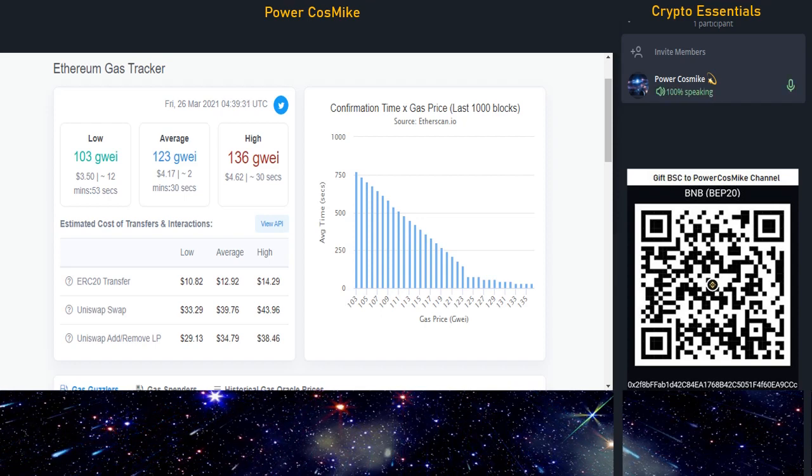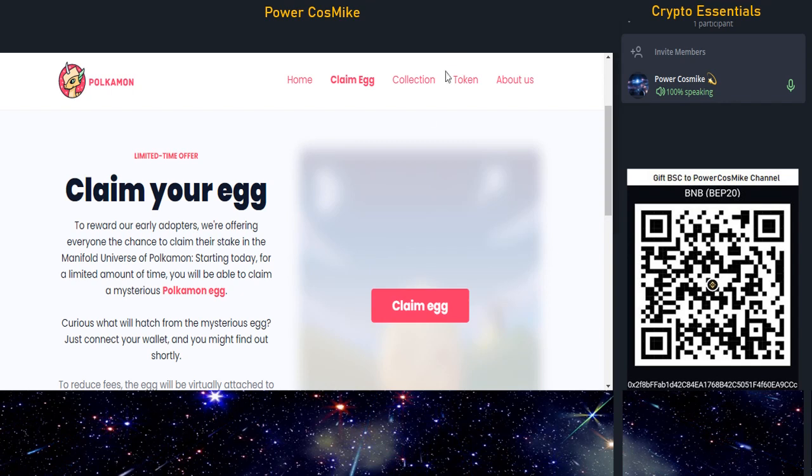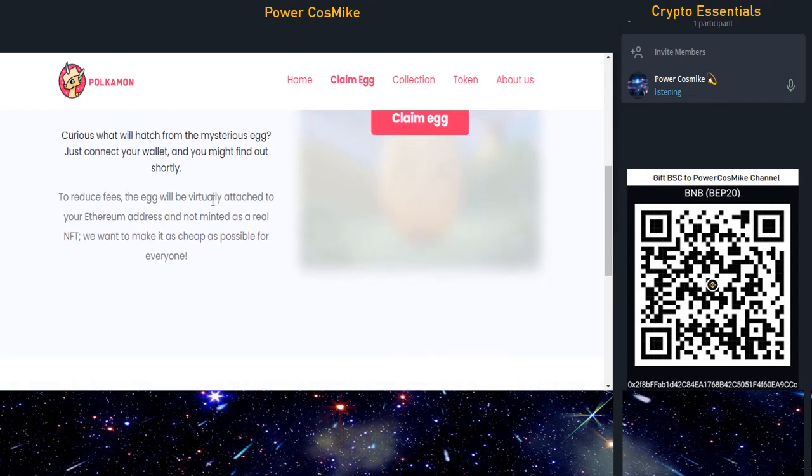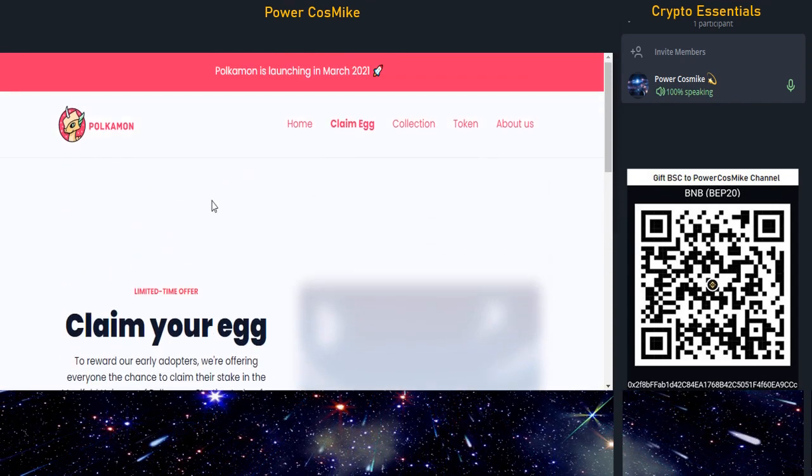And this is your opportunity to catch one of these initial offering Polkamon. So here's the site for the Polkamon, where you can claim an egg for a limited period of time. So this is a fun little gas price experiment, right? I'm able to also show you in actuality what the gas is going to be for this transaction.